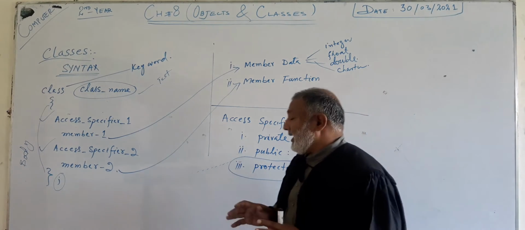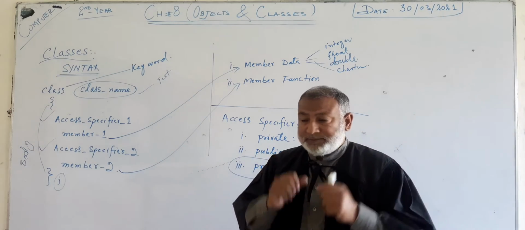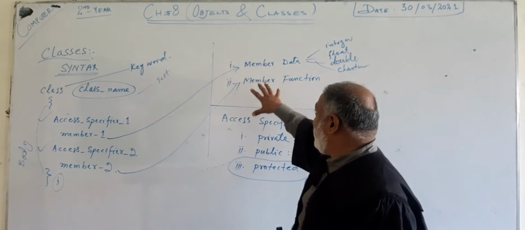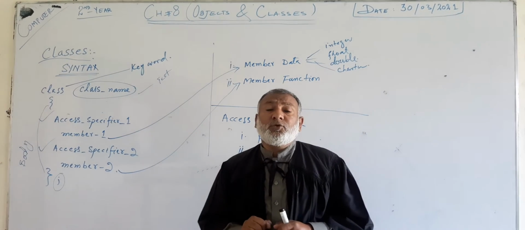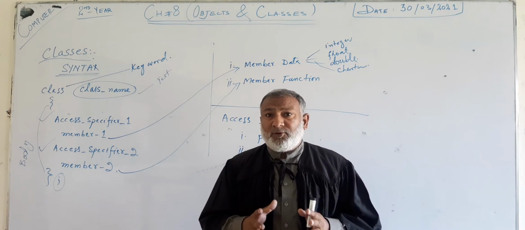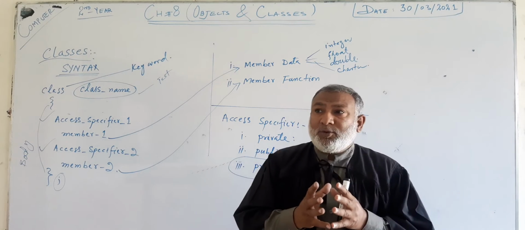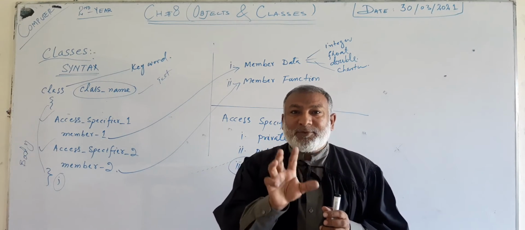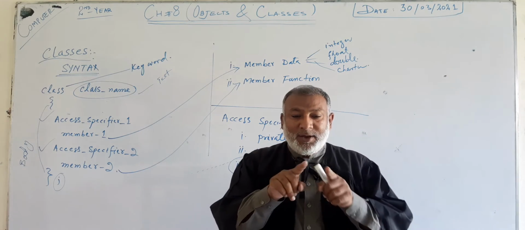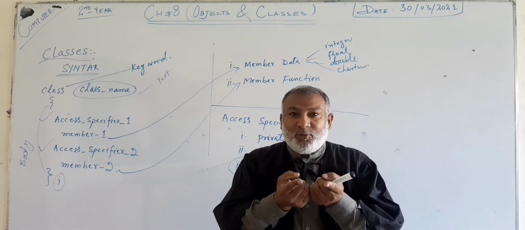Let me now write an example code, and here we will write member data and member function. But dear students, one thing should be very clear to you: what is the theme of the class? To protect data, to encapsulate it. Encapsulate means inside a capsule.